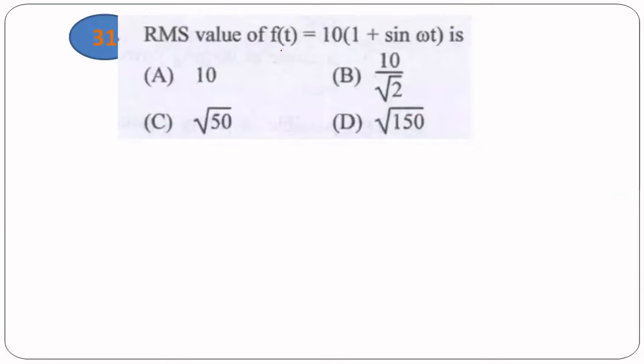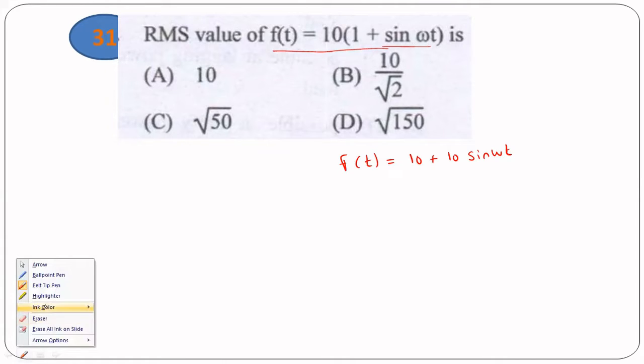The function is given here: f of t is equal to 10 times (1 plus sin omega t), that is, f of t is equal to 10 plus 10 sin omega t. For this we have to find out the RMS value.